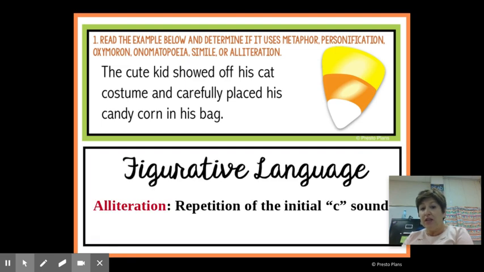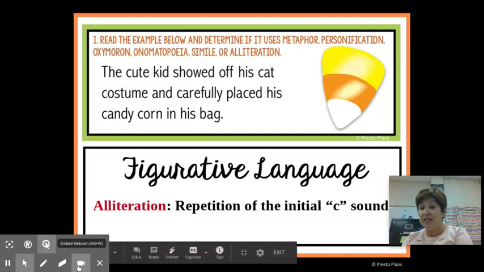The cute kid showed off his cat costume and carefully placed his candy corn in his bag. The letter C, or the sound of C, the consonant C, is being repeated again and again in this example.